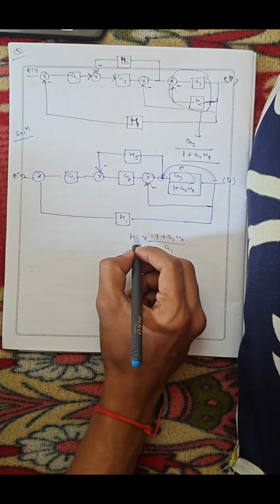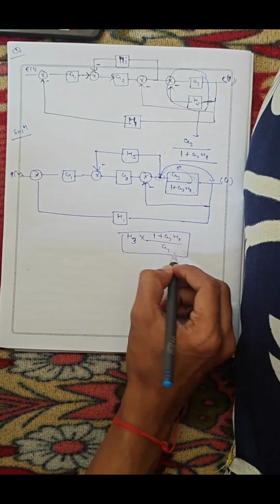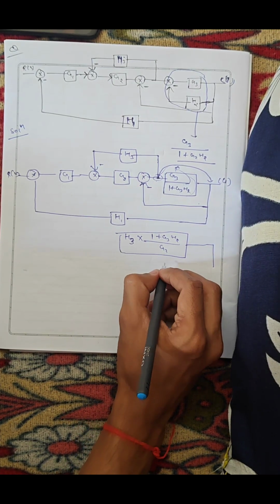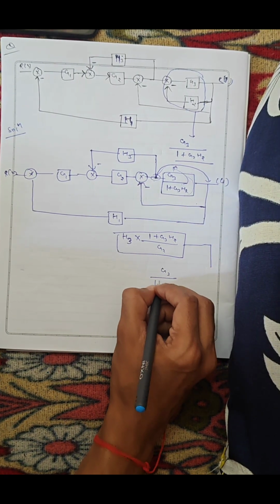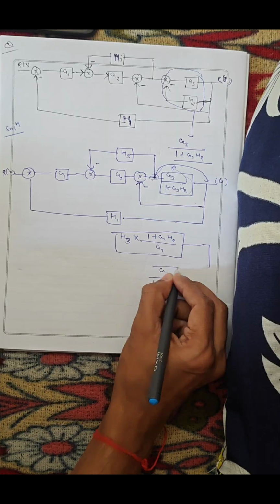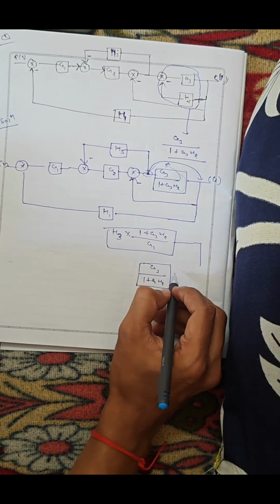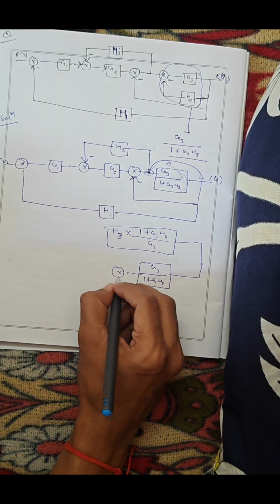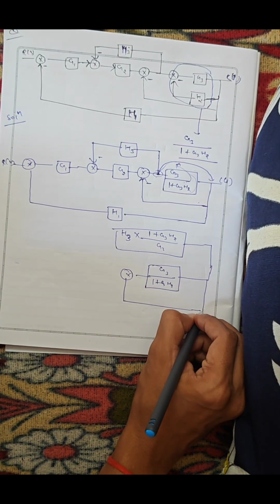So this will replace this, and G3 divided by 1 plus G3 H2 will now come in the negative feedback.